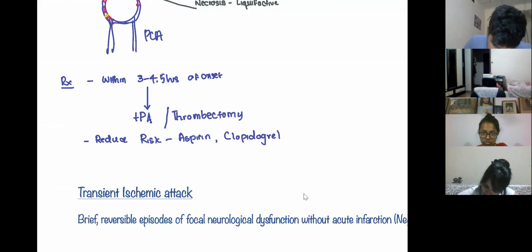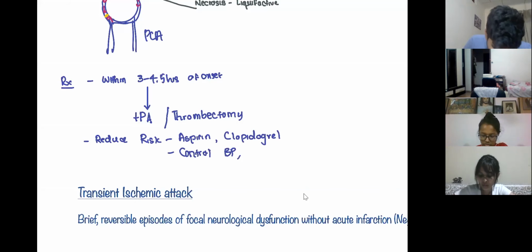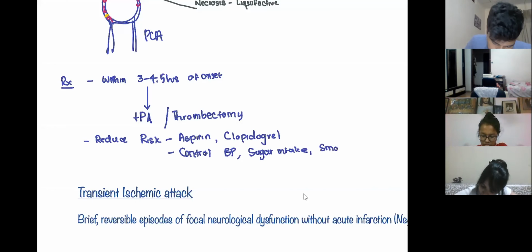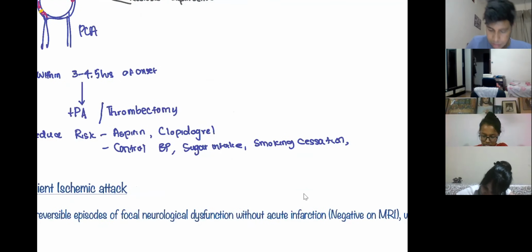Then you can control your blood pressure, control your sugars, sugar intake, stop smoking, and reduce fatty diets.